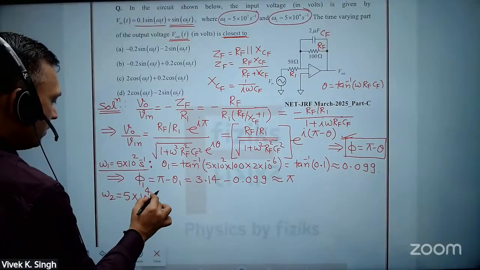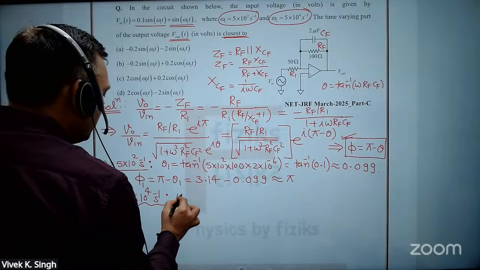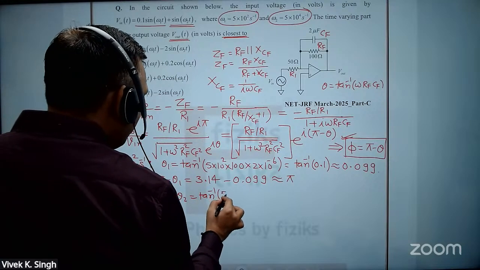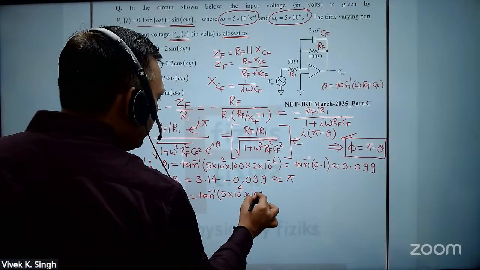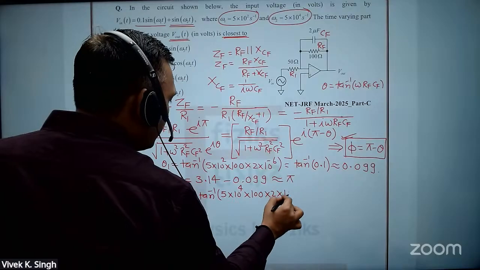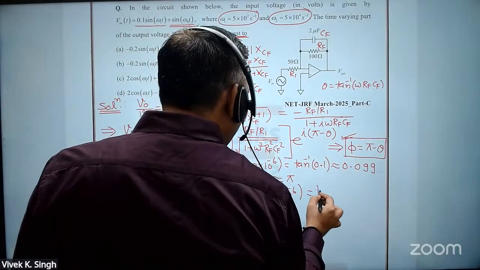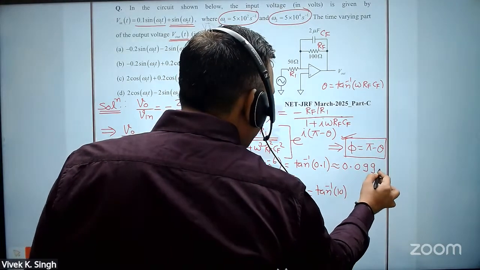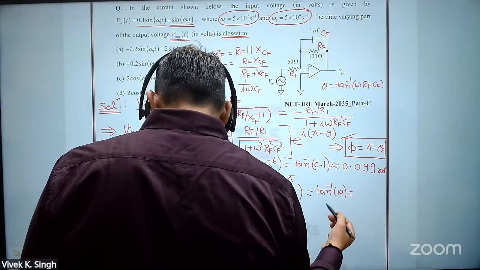omega 2 is 5 into 10 to power 4. So what will be theta 2? Theta 2 is given by tan inverse of 5 into 10 to power 4 into 100 into 2 into 10 to power minus 6. So this will give you tan inverse 10. Again we are calculating it in radians, and for tan inverse 10 you have to use the calculator.